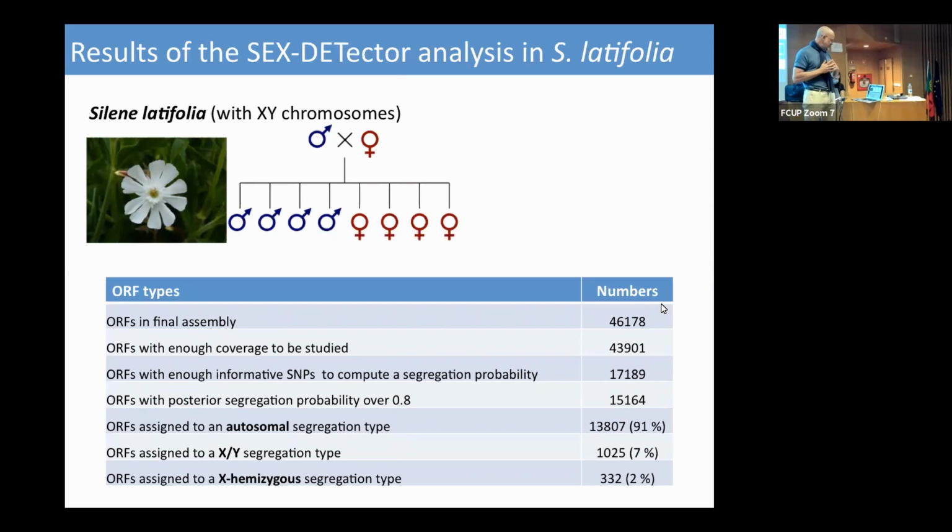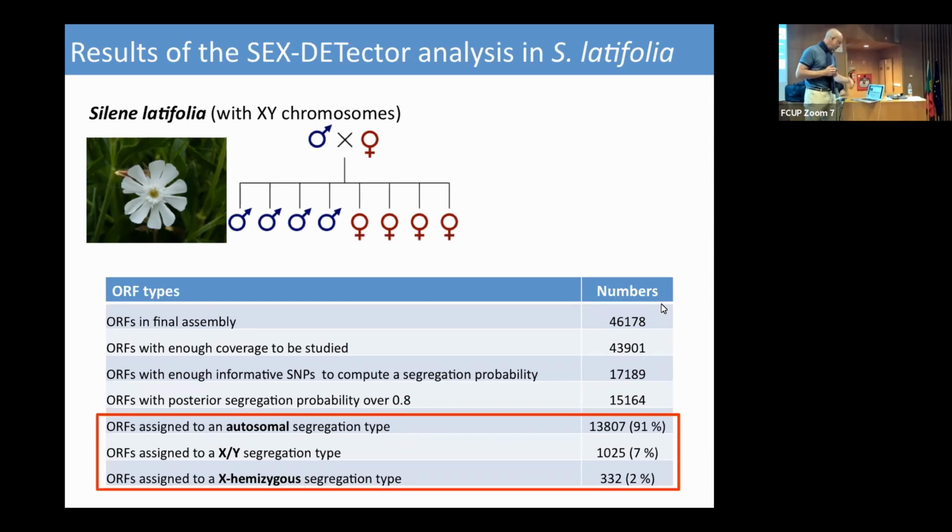What we did is we used SEX-DETector. So we sequenced parents and progeny from a cross. Of course, we don't have a reference genome, so we assembled a de novo transcriptome.